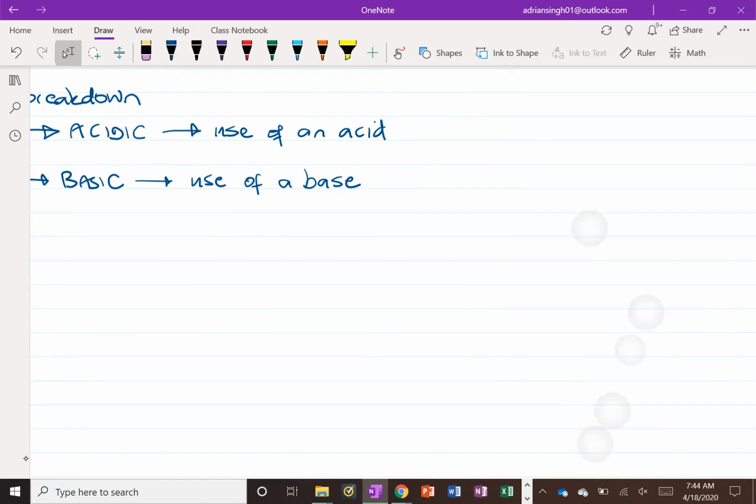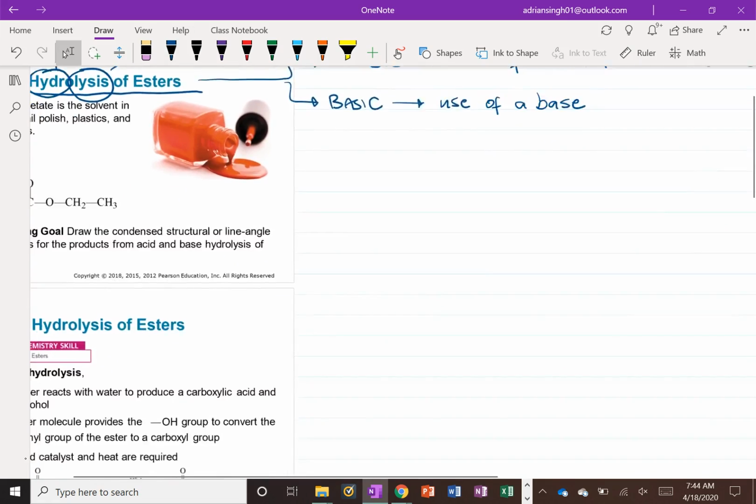So under acidic conditions, what we actually end up doing is just the opposite of esterification, and we end up producing the original carboxylic acid and the alcohol. That's the one we're going to take a look at first.